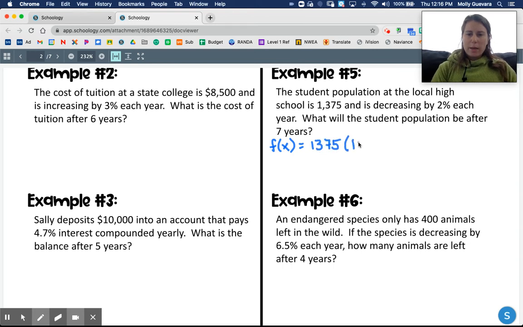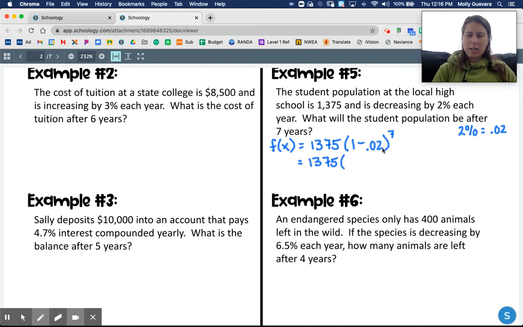Then I have 1 minus 2% as a decimal. Move it over twice is 0.02. So 0.02. And I want to know what it's going to be after 7 years.